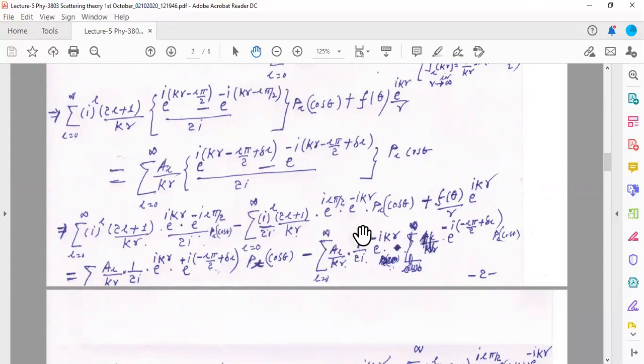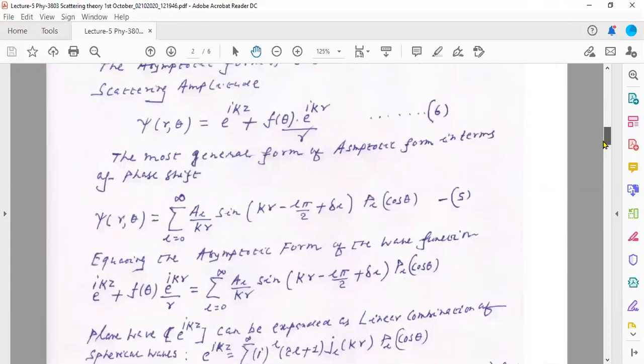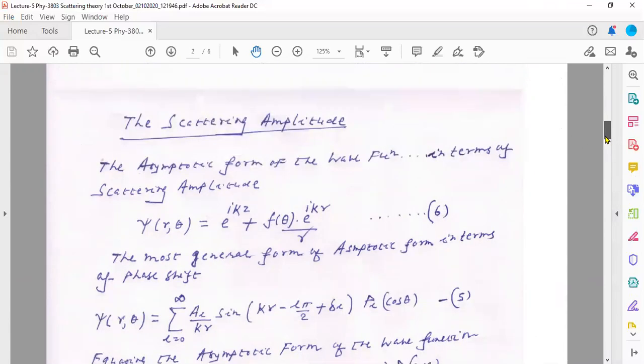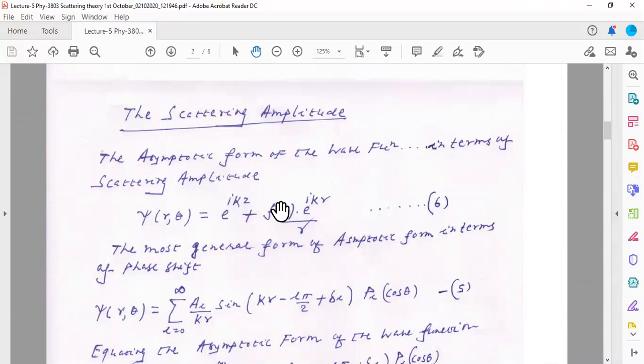Now, we want to modify this relation by comparing the two general forms of the wave function, the asymptotic forms that we have used. This is the asymptotic form in terms of the phase shift, and this is the asymptotic form in terms of scattering amplitude.